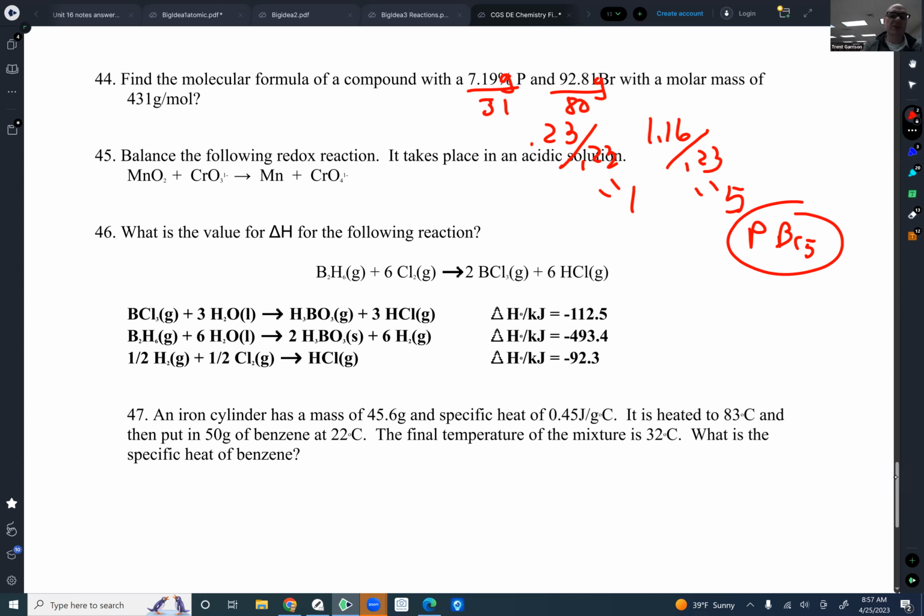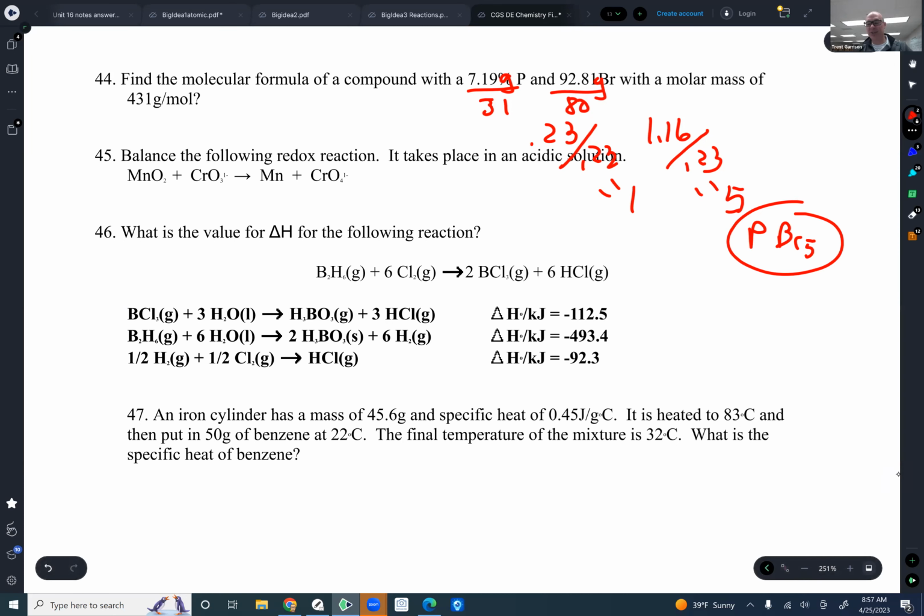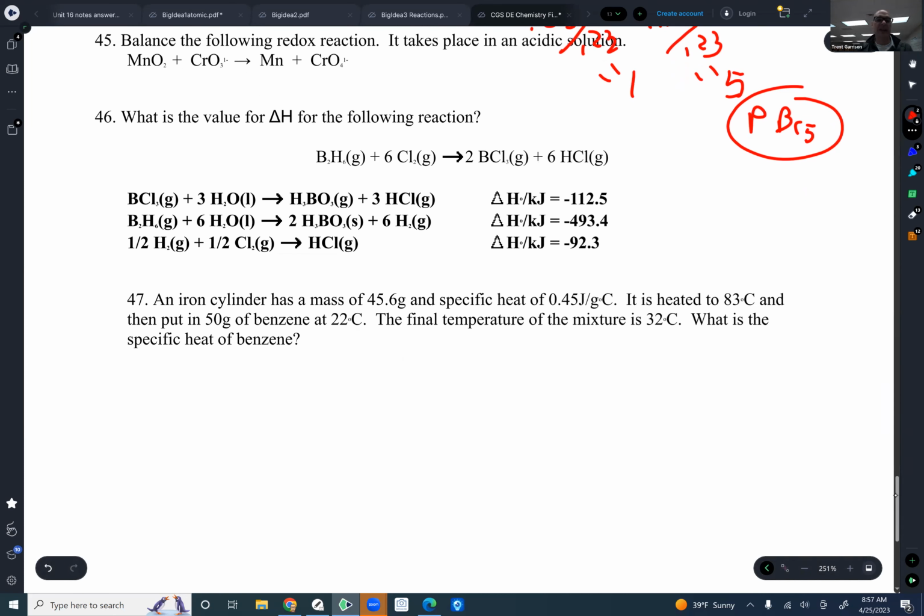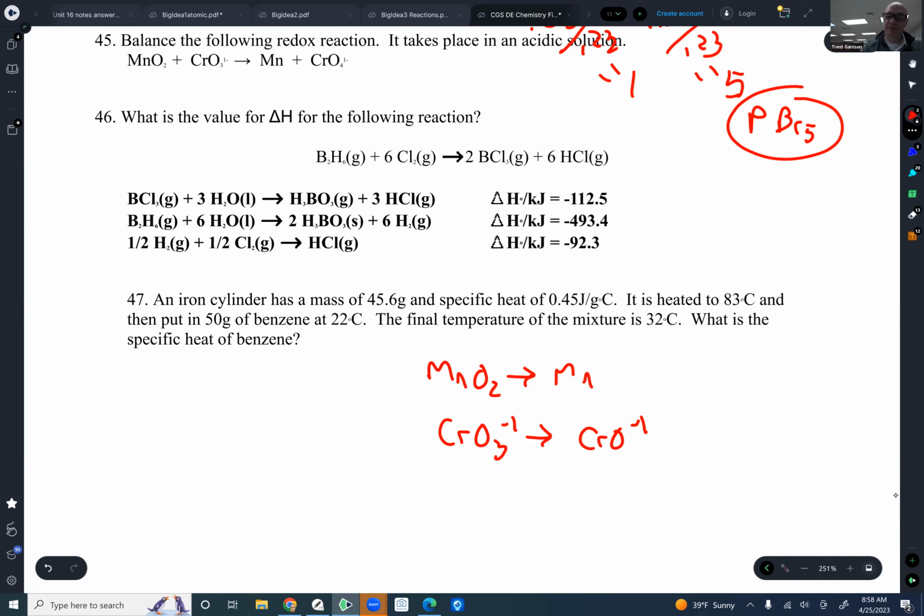Balance the following redox reaction. Oh my goodness. So what I need to do is find some space out here. So I'm going to separate this into 2 parts. And then CrO3 minus 1 produces CrO4 minus 1. Okay, I'm going to balance first off the oxygens on the Mn.